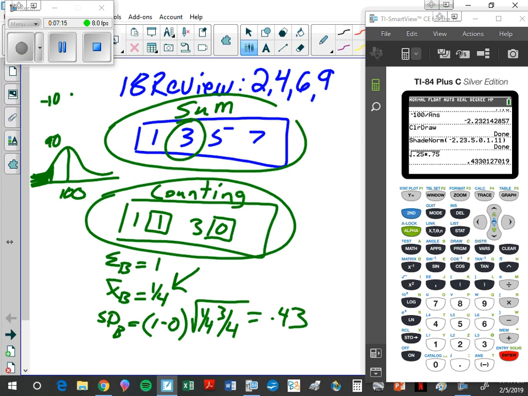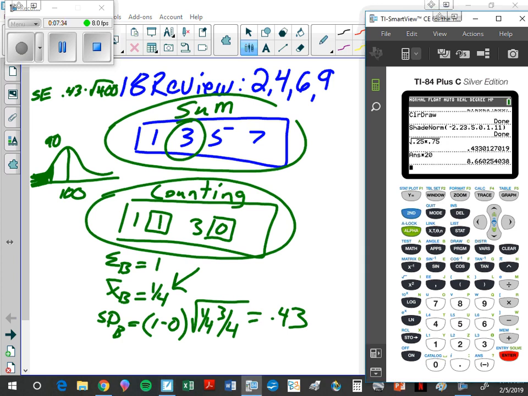Wait, I need an SE. So 0.43 times the square root of 400 is just going to be this number times 20. And that gives me a standard error of 8.6. My value is -10. So -10 divided by 8.6 gives me a z-score of -1.15.